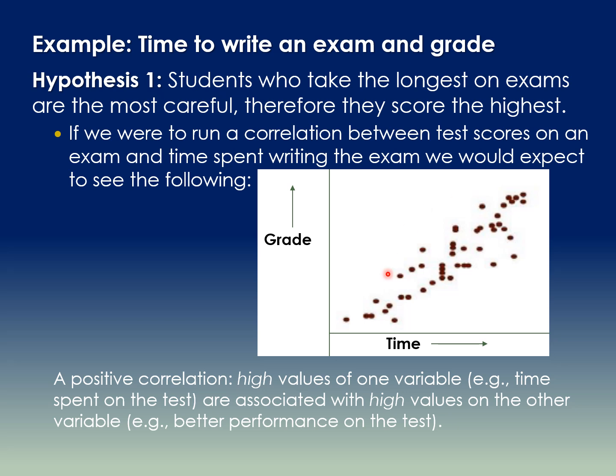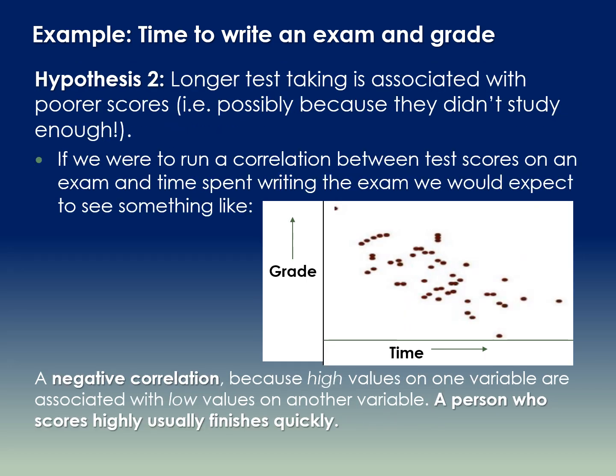So this would be our expectation, that we would have a positive correlation between time on the exam and grade on the exam. And again, the positive correlation is as time increases, so does the grade on the exam. Or we could hypothesize that the longer it takes for a person to write an exam, the longer test taking is associated with poor scores, maybe because they didn't study or prepare enough.